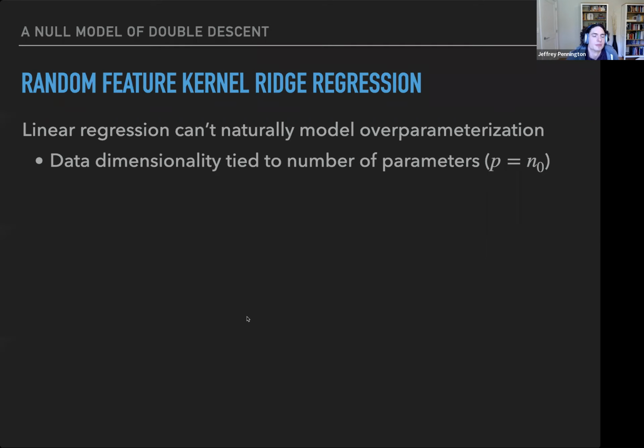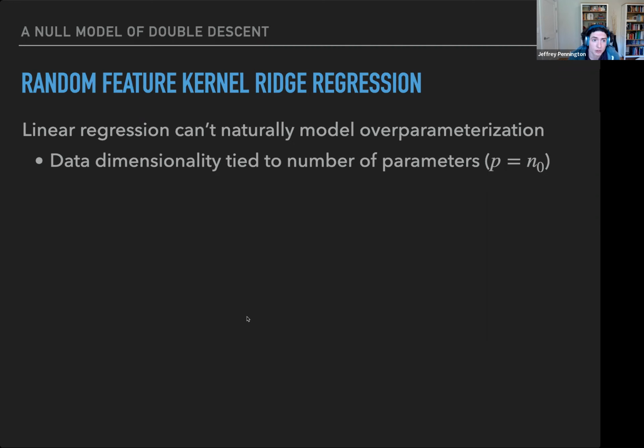Can't really change the number of parameters in the model without simultaneously changing the data distribution. So this is a problem, I think, if we would like to have a realistic or intuitive explanation for this phenomenon.